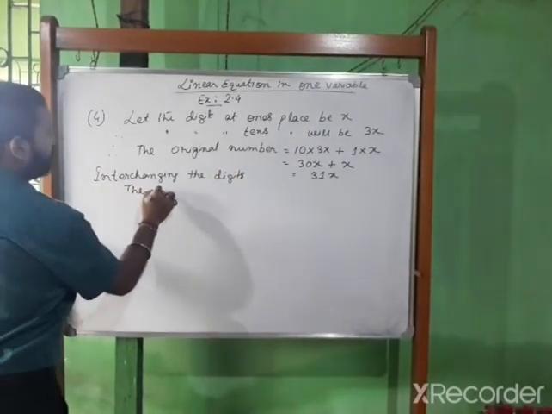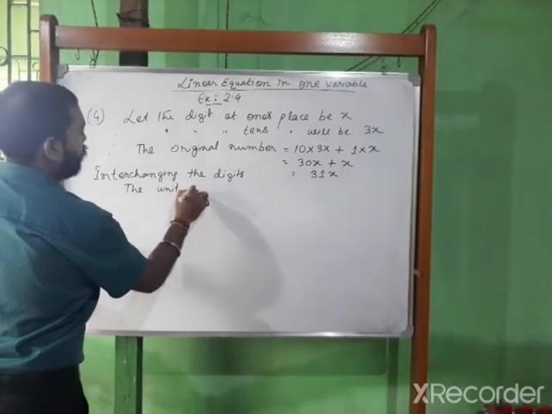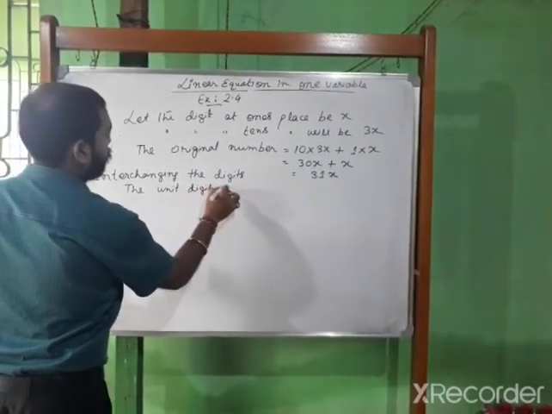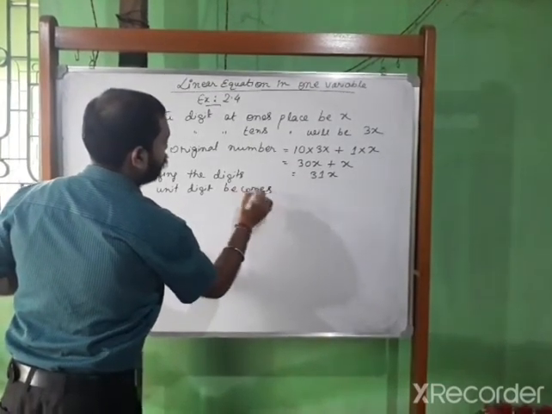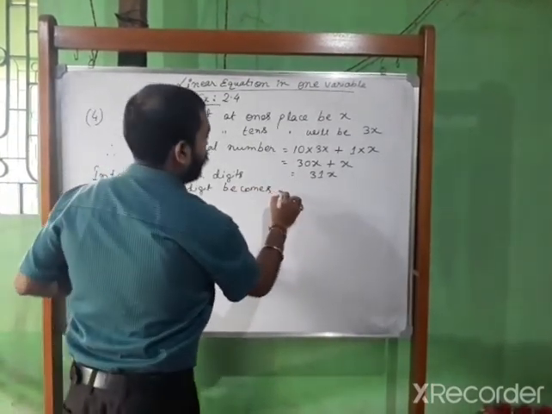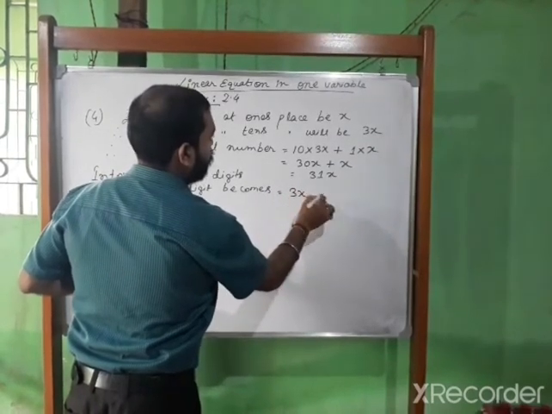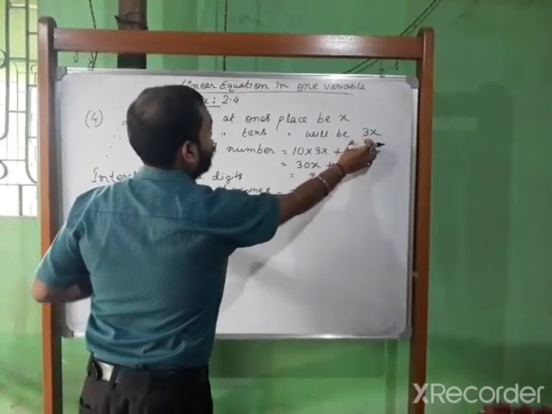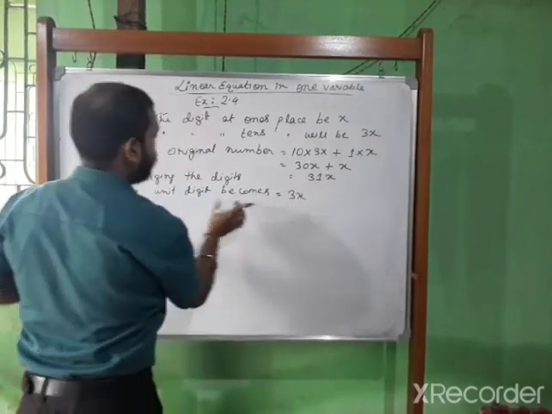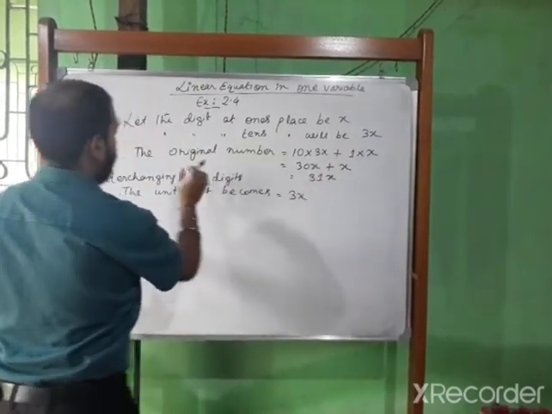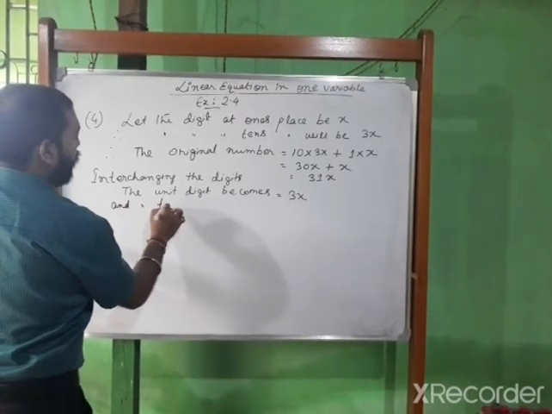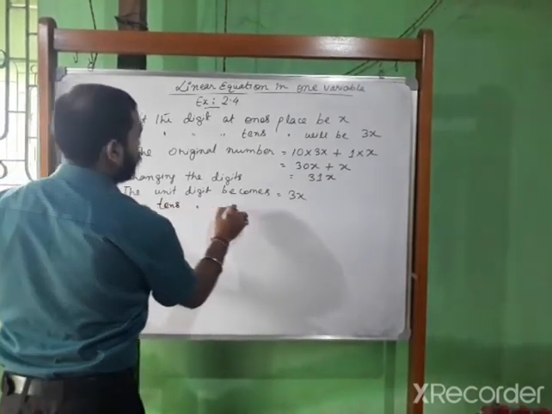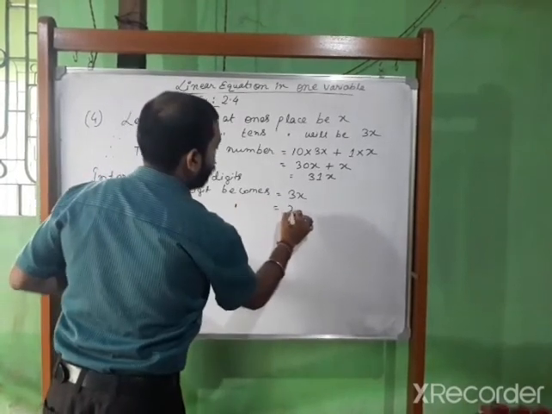The unit digit becomes 3x, because before that the tens digit was 3x, now the unit digit will become 3x after interchanging, and the tens digit becomes x.